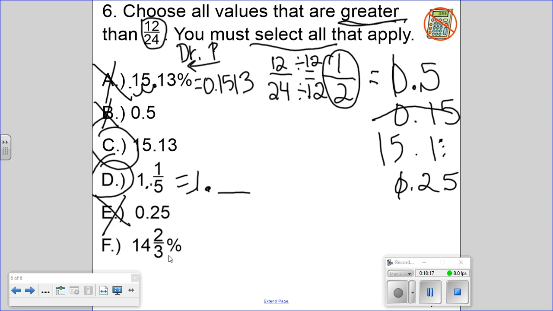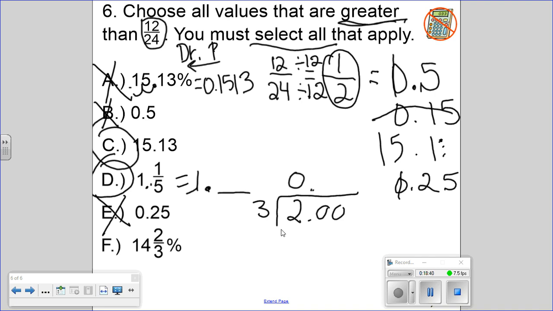The last choice here, choice F, says 14 and 2/3%. So if I want to figure out what this is as a decimal, I need to change 2/3 to a decimal. So we can set up our long division. And we are going to ask ourselves, how many times does 3 go into 2?